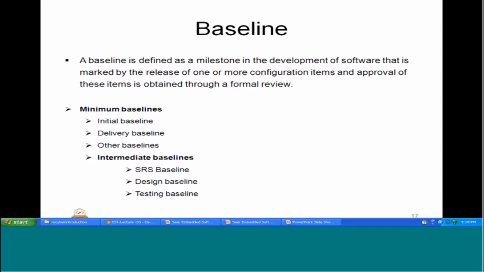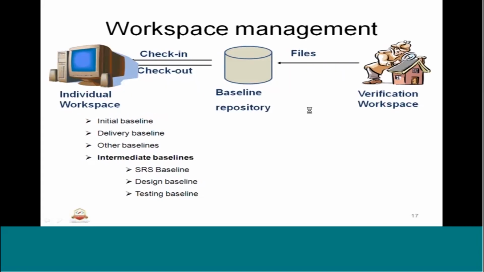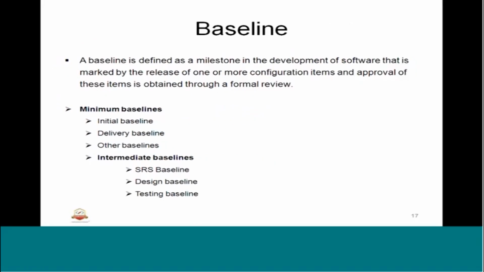Okay. So the next one is workspace management. How a workspace is getting managed. We know that a baseline has to be created in a repository, and that repository needs to be taken care of by all the stakeholders, right from the SCM process people, test team, development team, etc. So definitely there is a need for a workspace.